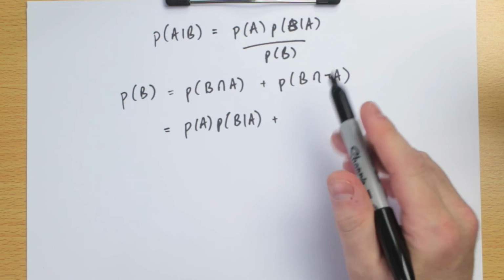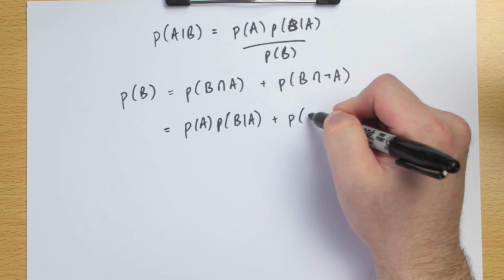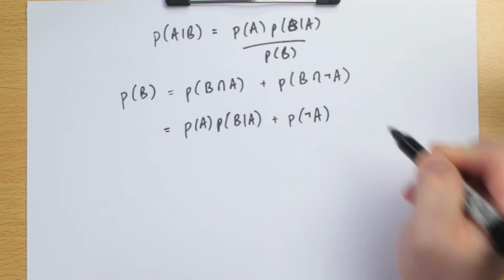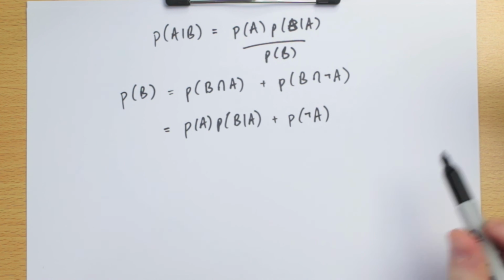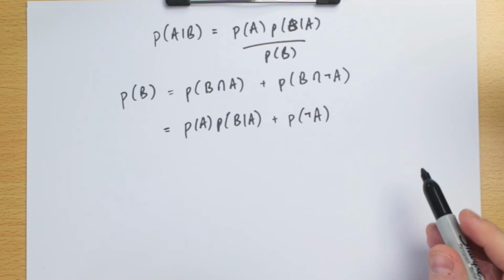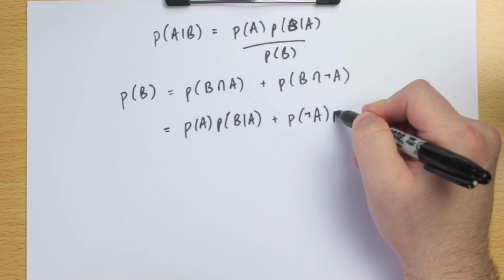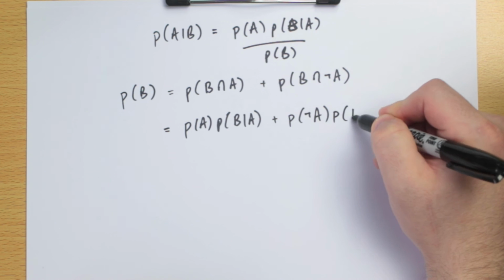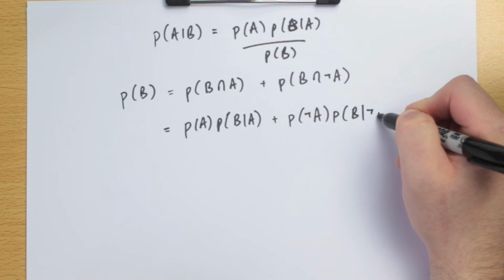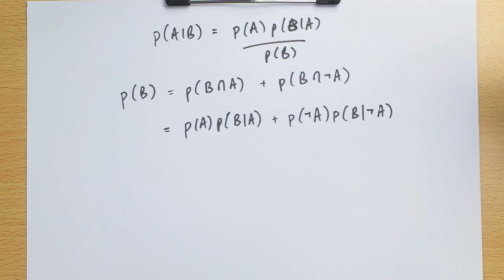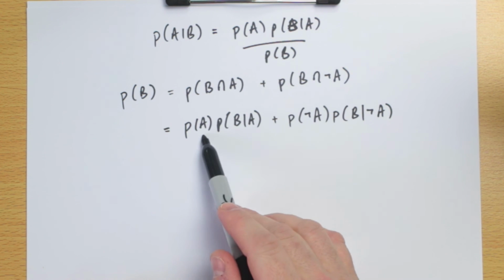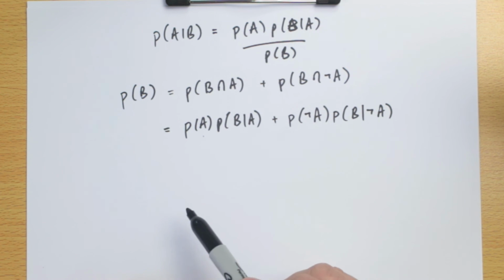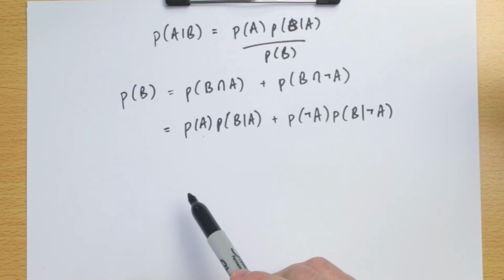And I can do the same trick here. I could say, well, the probability of not A, okay, which we've already proved earlier in the lecture is 1 minus the probability of A, and then multiply by the probability of B conditioning on not A, okay? So I might not know this, but if I know the probability of A, that's the thing we're updating, so presumably I do know it.